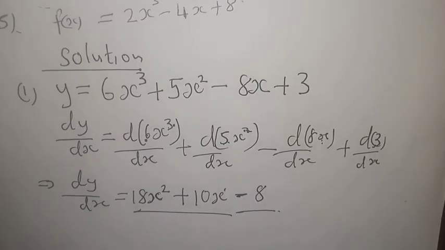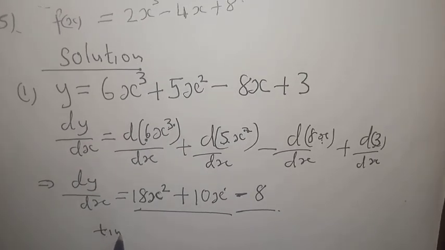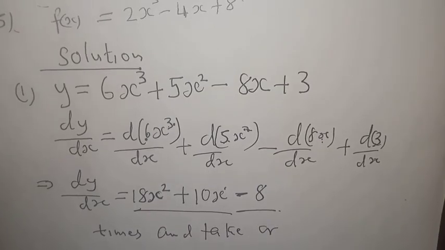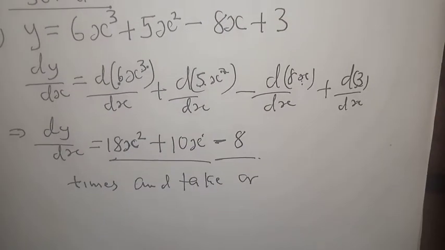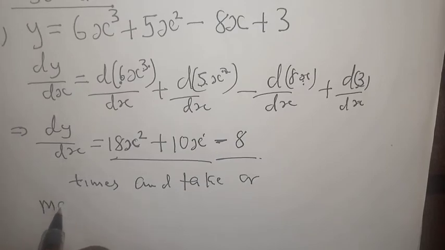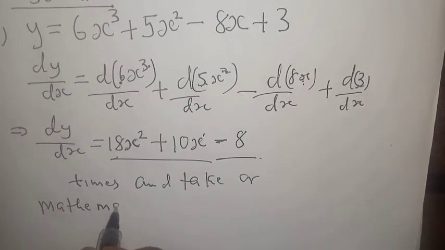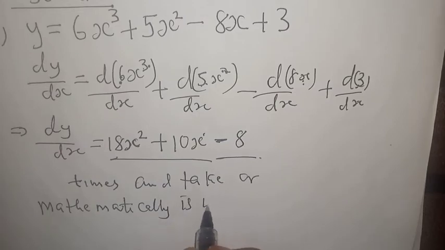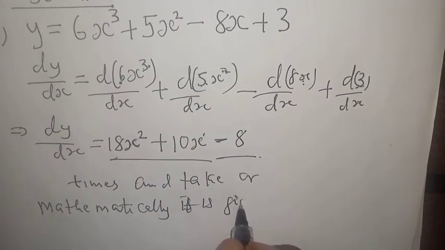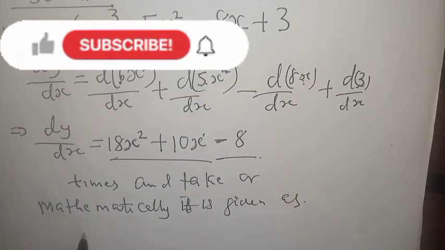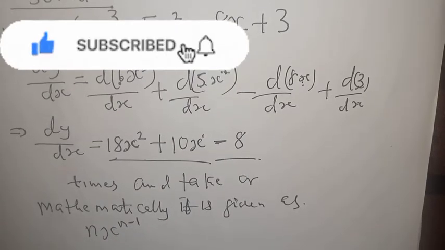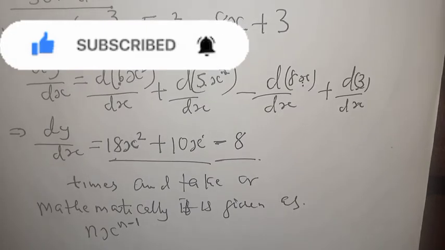This method is called times and take, or mathematically it is given as n x raised to power n minus 1, where our n is always the power.